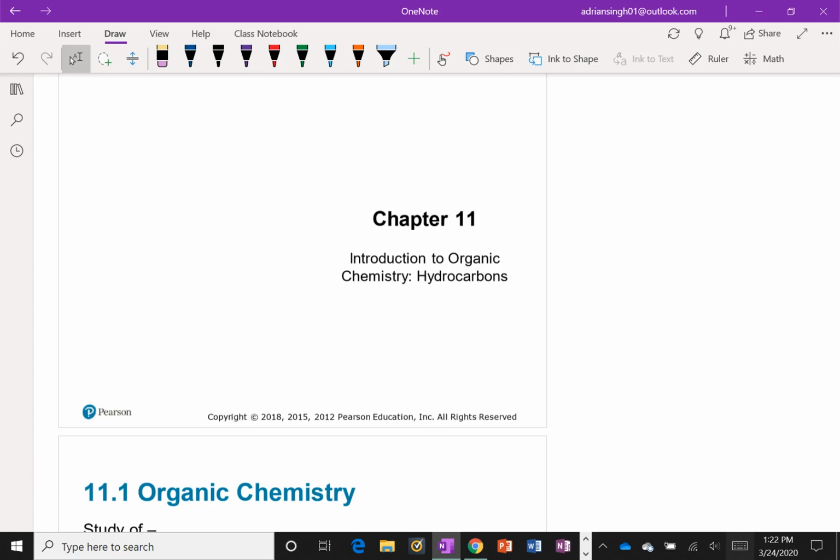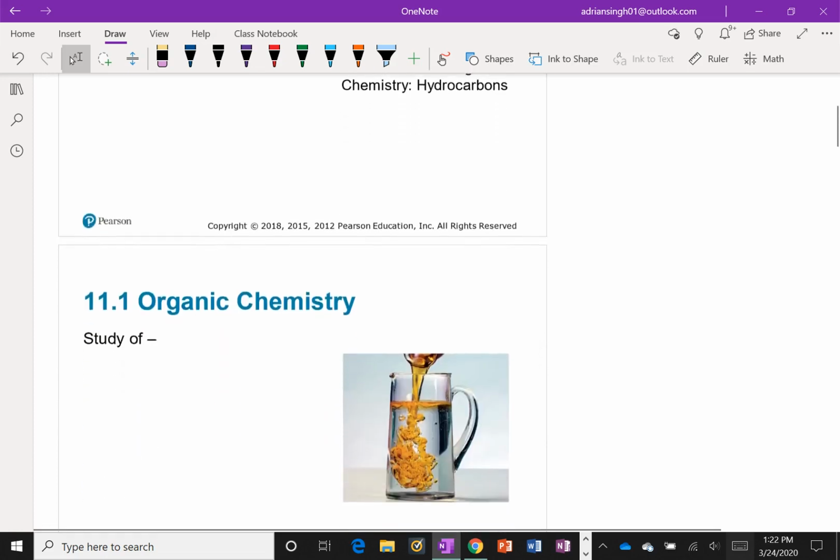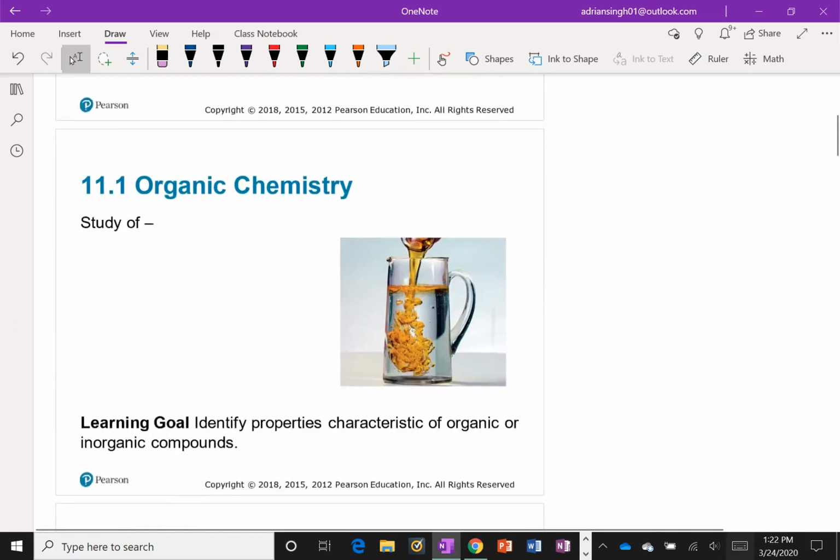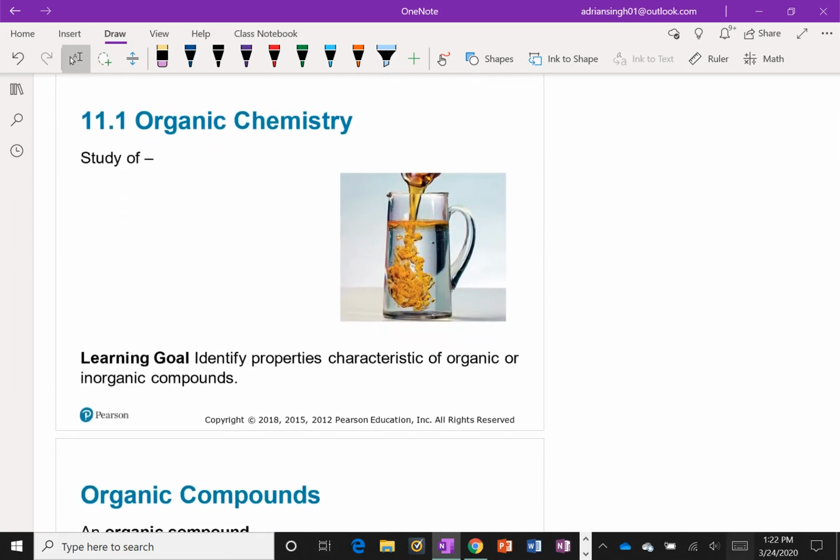So let's jump right in and talk about what organic chemistry is. In contrast to the first half of the semester where we were doing general chemistry, in organic chemistry we're going to be focusing mostly on the study of carbon and carbon-containing compounds.